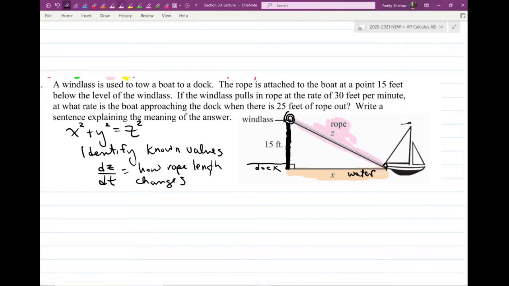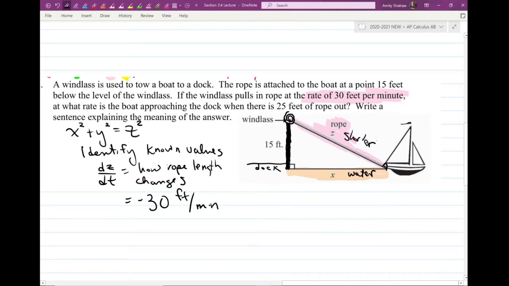And by the way, I've been given that information. It's a rate of 30 feet per minute, so I'm going to write down that number. I do happen at this moment to notice that that number should be negative. How do I know? Well, the rope is getting shorter because I'm pulling it in. So I can throw that negative in there now.